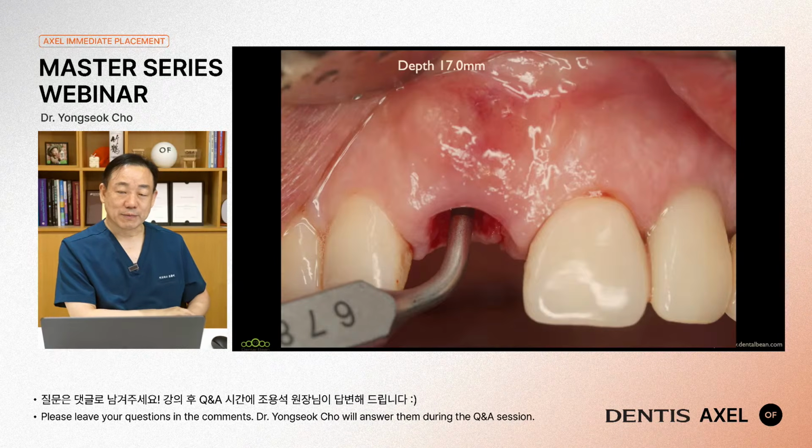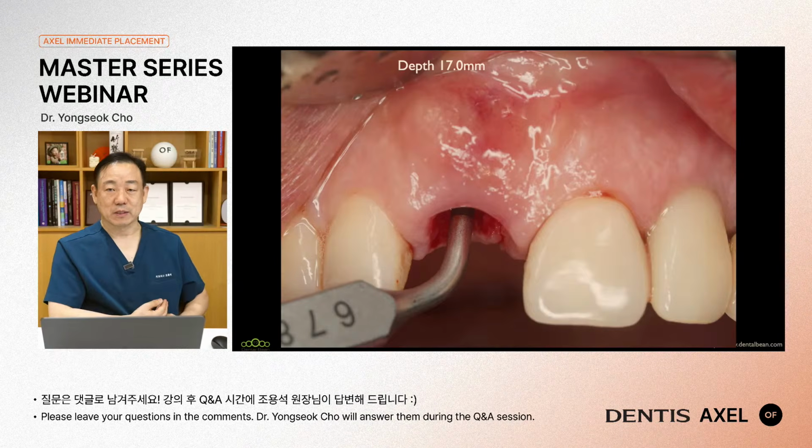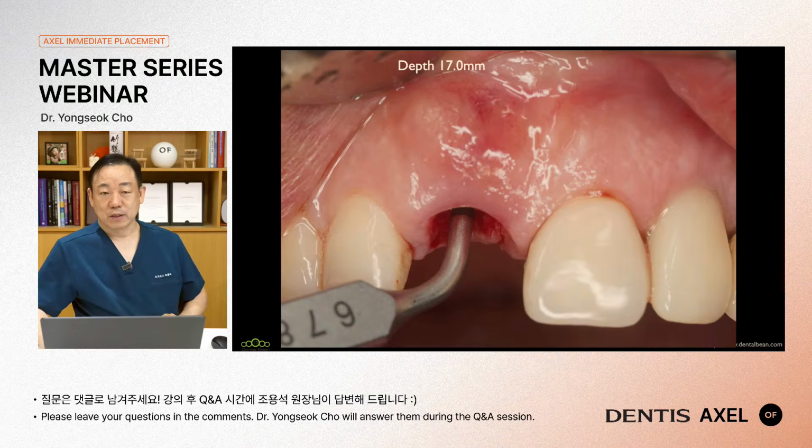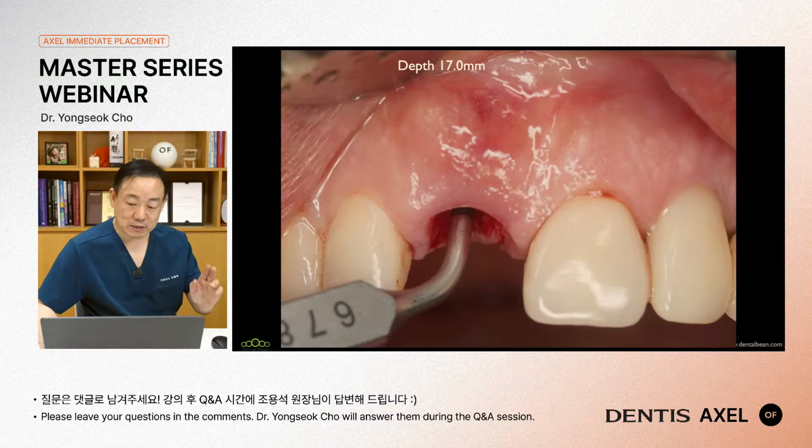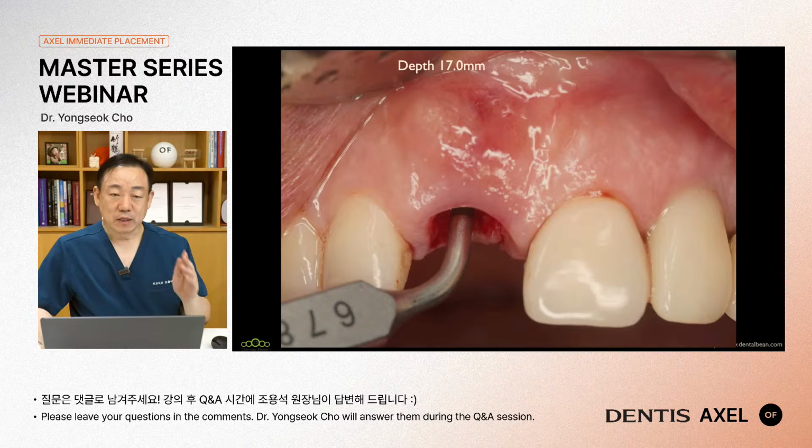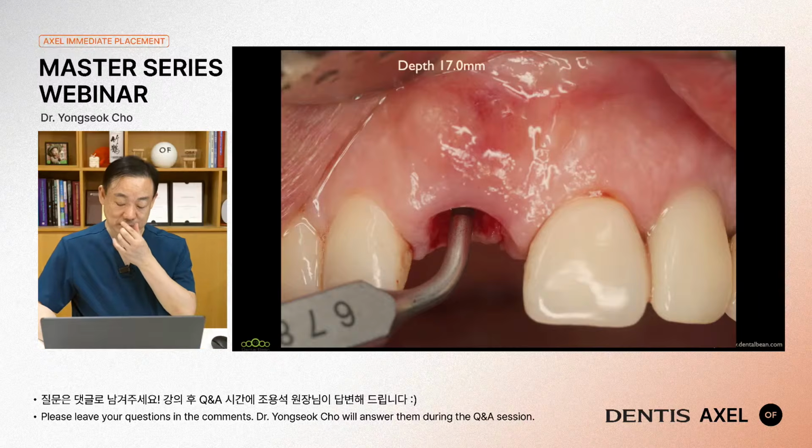Depth was approximately 17 millimeter. If you minus 5 millimeter from here, it is 12 millimeter available bone. Then we can place 11.5 millimeter implant. That's ideal in such a situation.